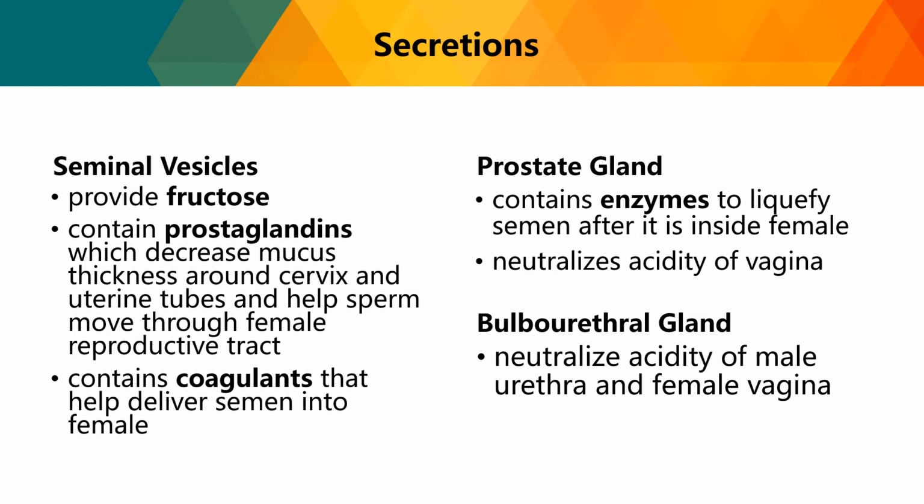So if the acidity of the urine remains on the urethra, when the sperm do pass through the urethra, it would eventually die as well. Without this mucus, the sperm wouldn't be having a successful path or journey along the urethra.